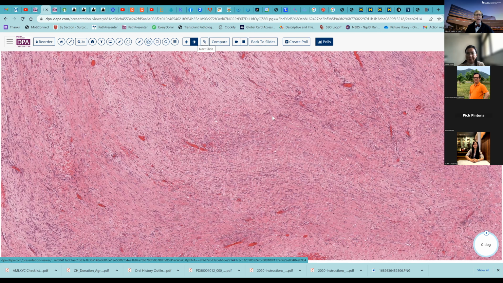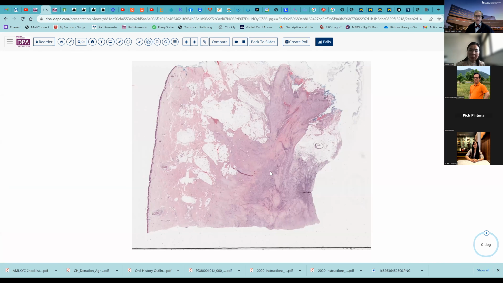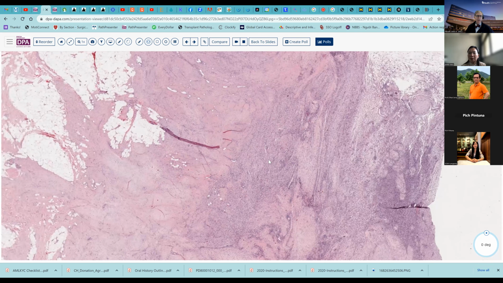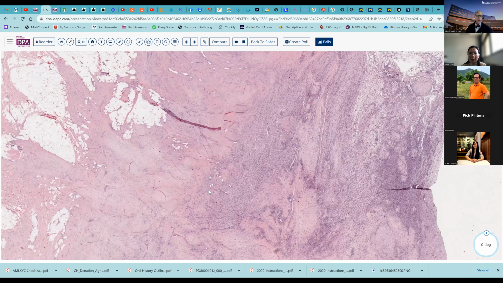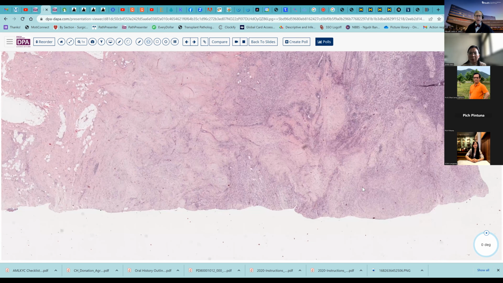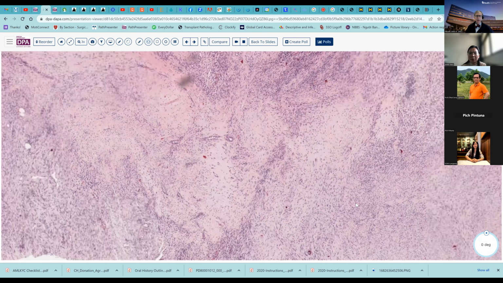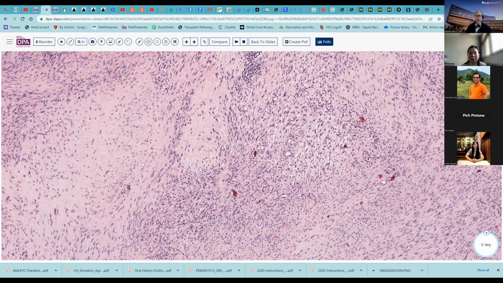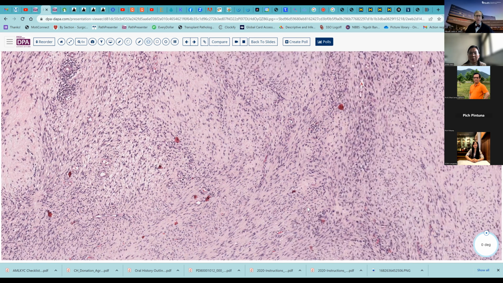Now, in contrast, this is what would be called the peripheral fibromatosis. I believe this was from the plantar fascia. And here you can see that, again, there's not a lot of atypia to this process, but there's variable cellularity in these lesions.